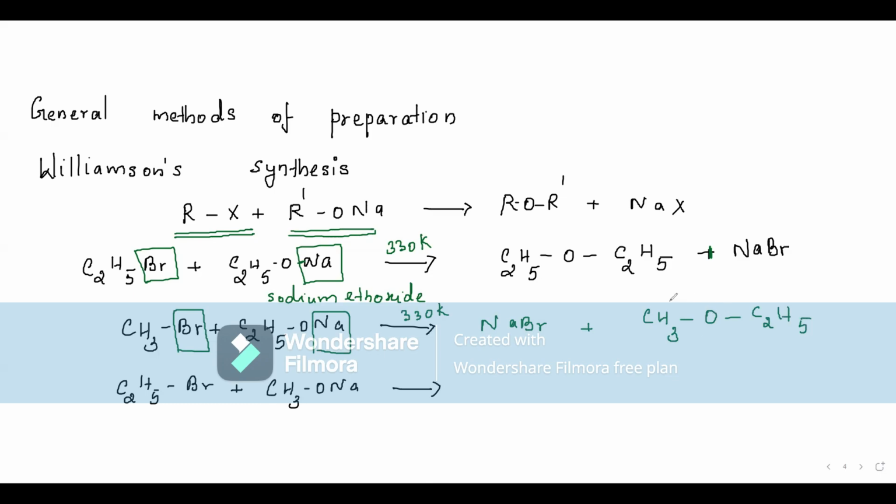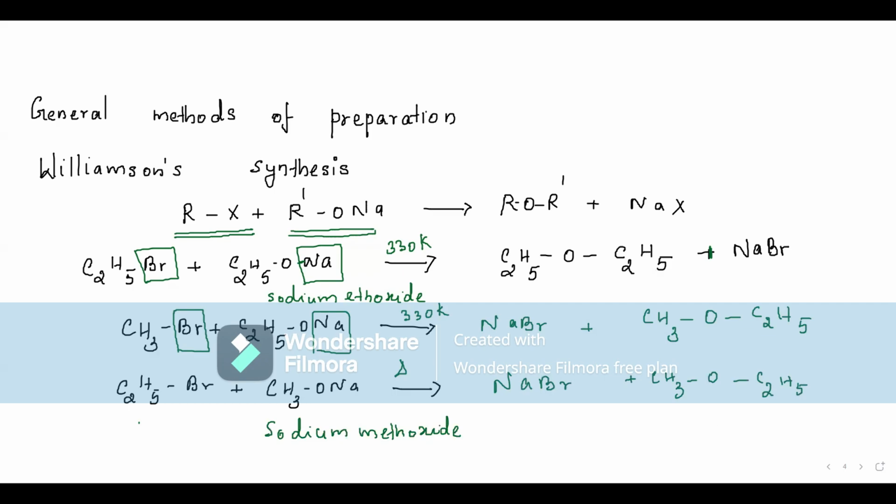Now you see, this is methoxyethane. The same methoxyethane can be prepared by using ethyl bromide and sodium methoxide. I interchanged the groups. The same compound, CH3OC2H5 itself, is prepared by combining ethyl bromide with sodium methoxide under similar conditions of temperature.